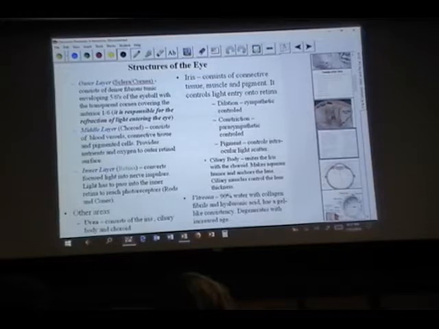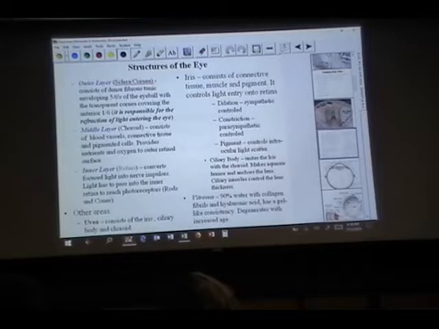But before this happens, we have to control the amount of light that's going in through the pupil, and is being focused on the back surface or on this retinal surface. Now, there's some areas inside that we'll talk about in a sec, that is referred to as the uvea.